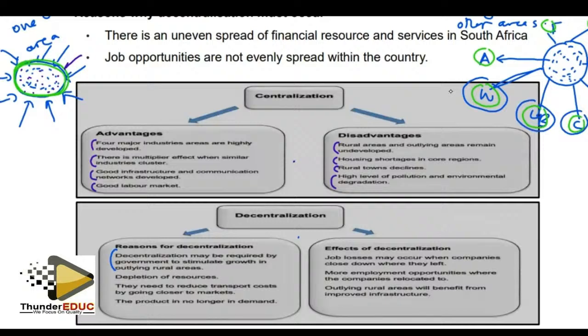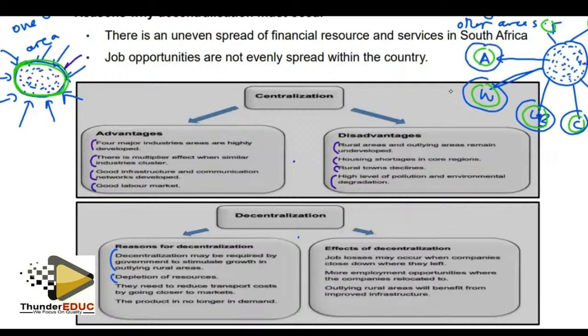But because of decentralization, it will stimulate the economic growth of these outlying areas other than focusing in a particular place. Another reason, there will be depletion of resources, meaning in such areas, resources might be finished or might no longer be enough to accommodate the industries. That is why some industries try to move away to other areas which could have maybe more resources.